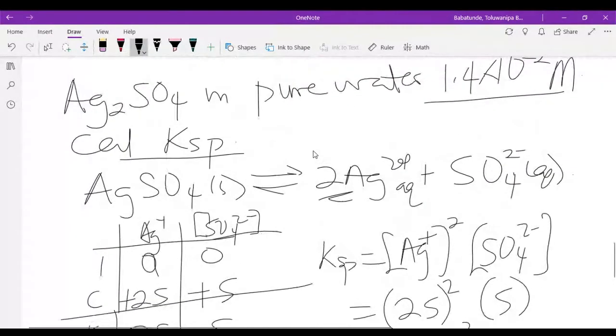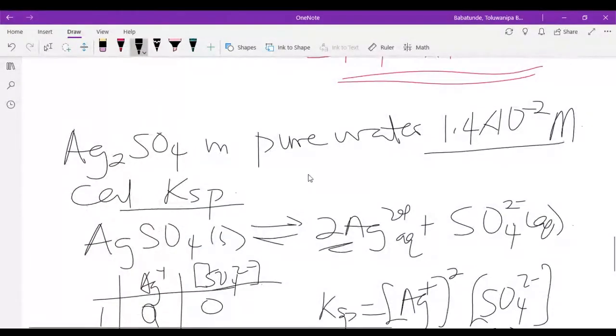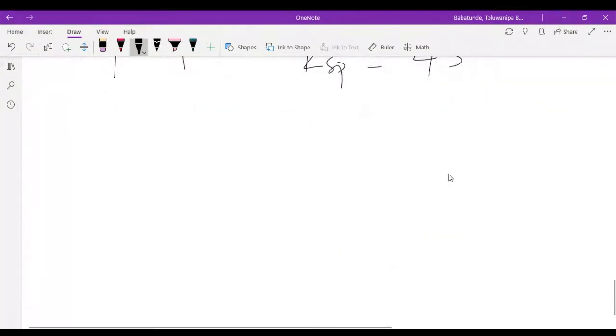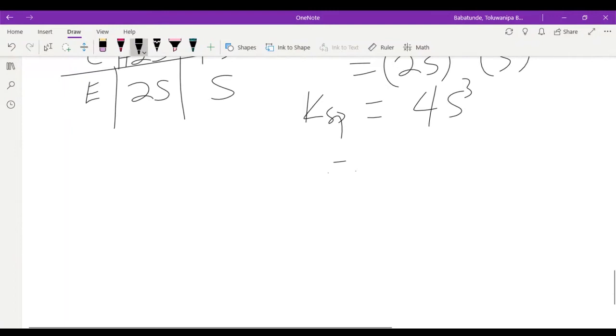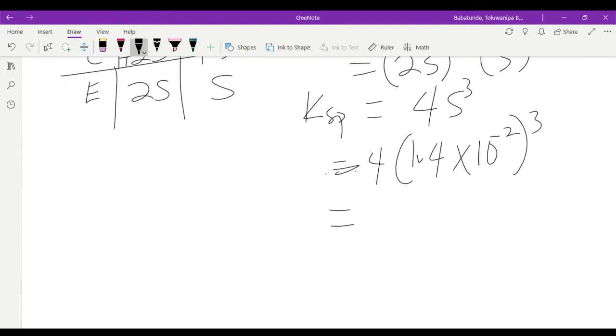And we already have our molar solubility to be 1.4 times 10 to the negative 2. So we plug this in here. We have 4 times 1.4 times 10 to negative 2 raised to power 3. When we plug this into our calculator, it's going to give us 1.1 times 10 to the negative 5. That is the Ksp for our silver sulfate.